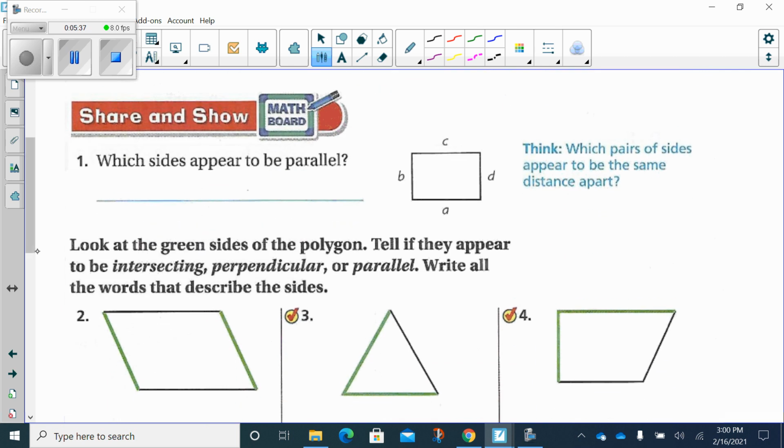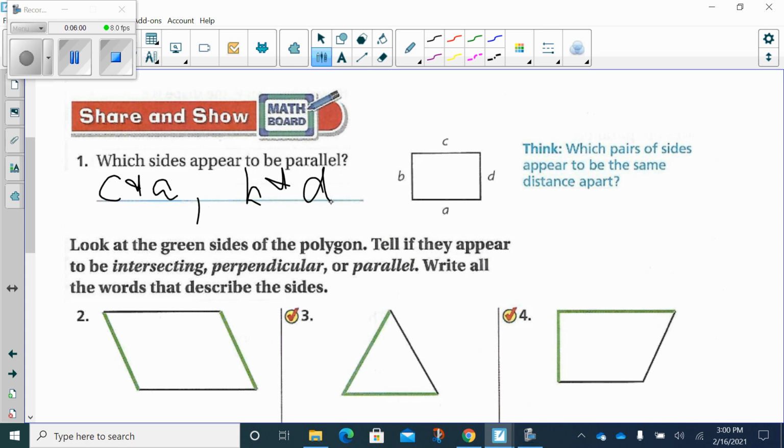Which sides appear to be parallel here? They're the ones across from each other, and they are the same distance apart all the way across. So we have sides C and A, and we have B and D.